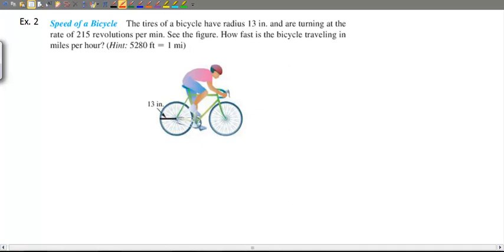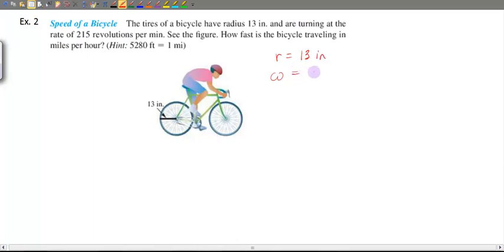So I want to ultimately find out how fast the bicycle is traveling, and I want to know in miles per hour. It's a lot of information to take in at the beginning, so let's just take a second and again write down what it is that we know. I know that the radius is given to me as 13 inches. I know that the wheels are turning at a rate of 215 revolutions per minute. That's the angular speed, right?